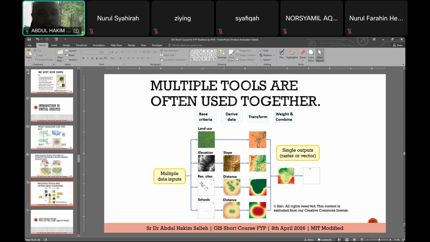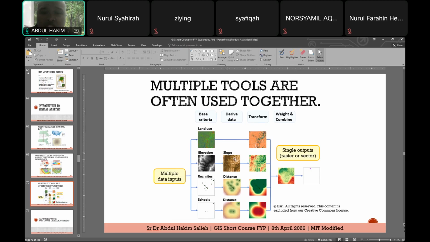From recreational sites, it can produce distances from one to another. Schools can also produce distances, relating one school to another school. Now, the land use can be transformed into much more generalized data that is required in the research.